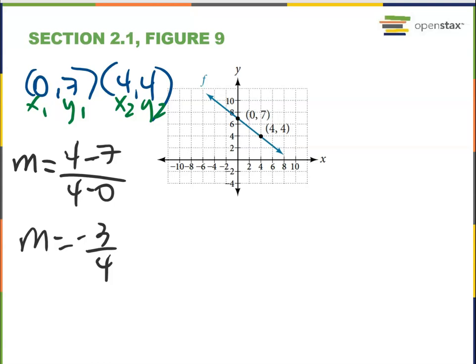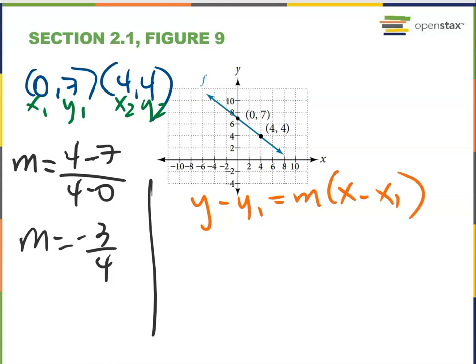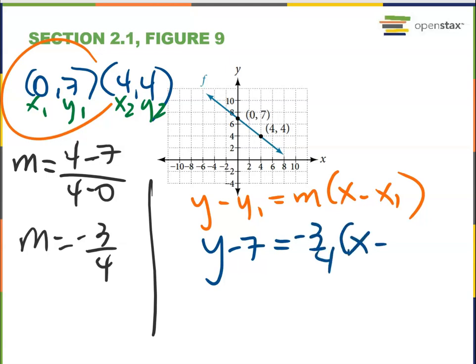And again, using point slope form, remember again, y minus y1 is equal to m times x minus x1. So let's use this. y minus 7 is equal to negative 3/4 times x minus 0.